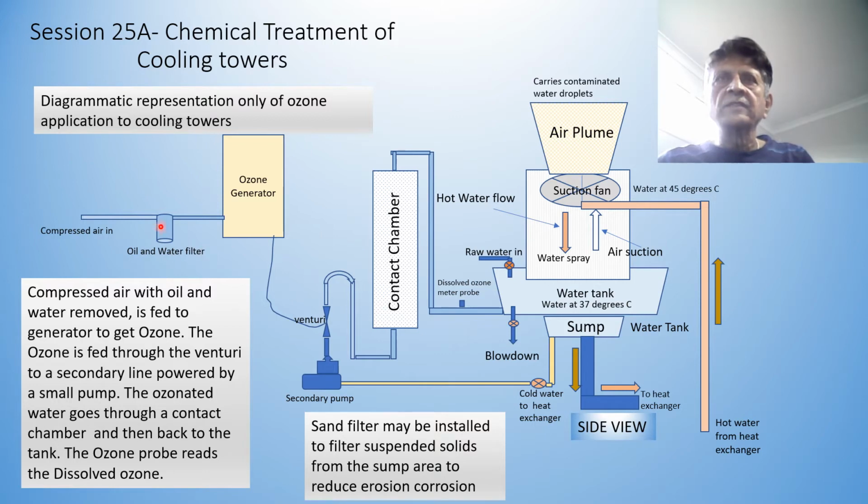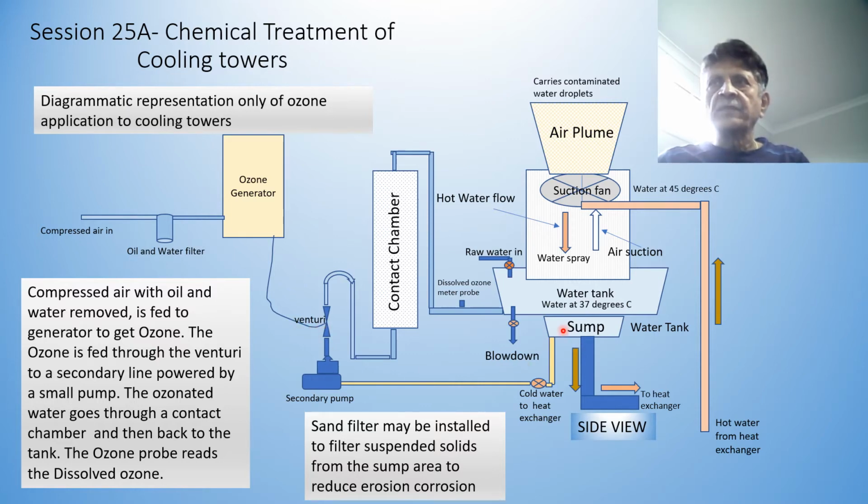So you have a good oil and water filter, and this compressed air, at least 150 psi, is passed through the ozone generator. The air that is converted into ozone will be drawn out and pushed out by the ozone generator into the venturi.